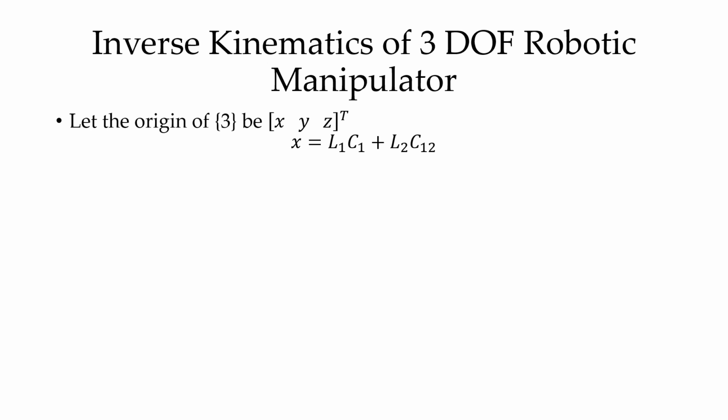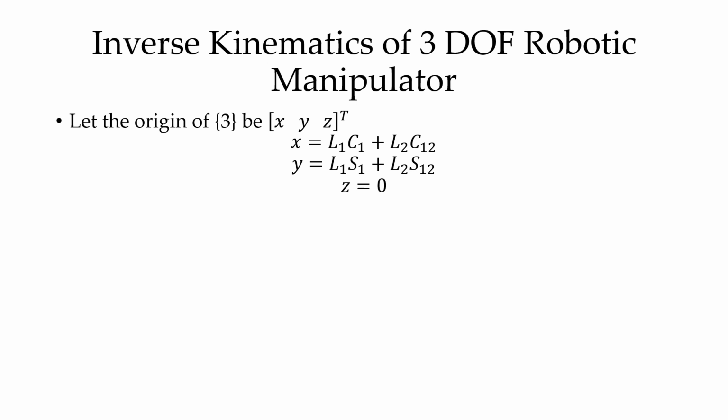Let's look at the arm equation. We can get that the position x is given by L1 C1 plus L2 C12, and y is equal to L1 S1 plus L2 S12, and z is basically 0.